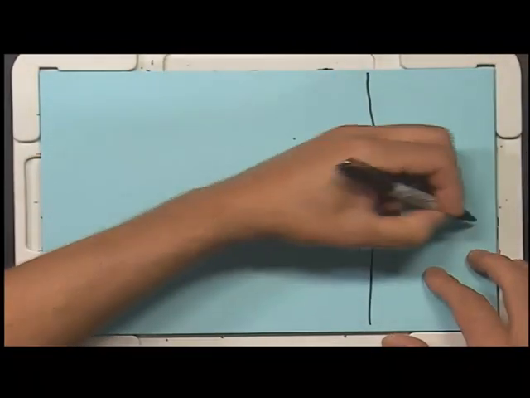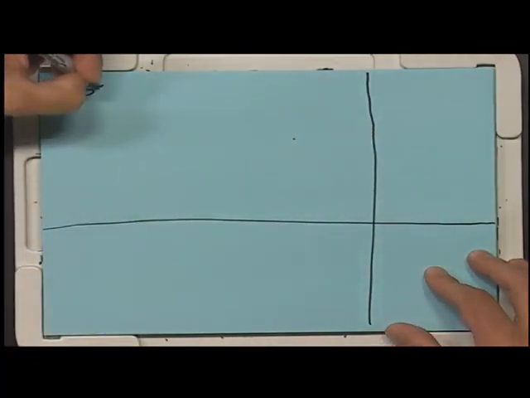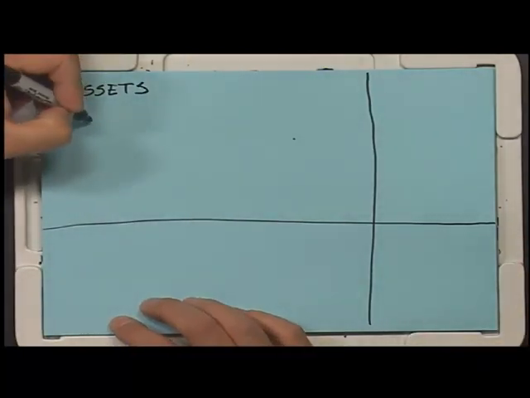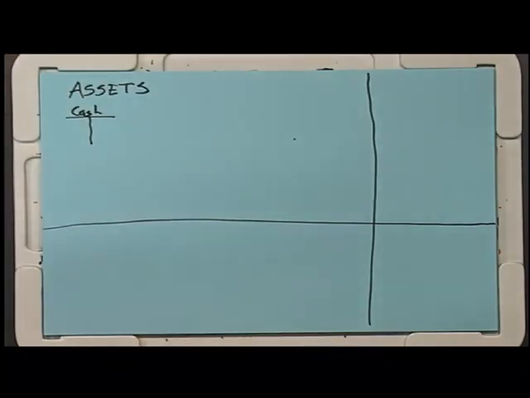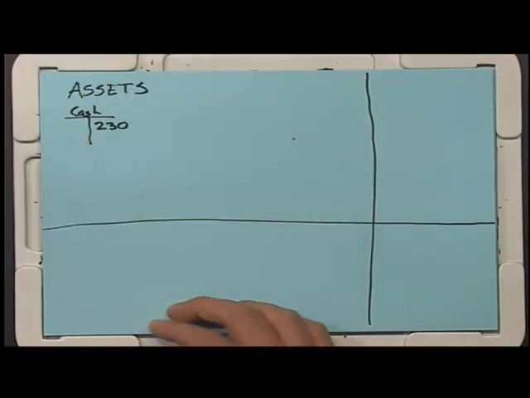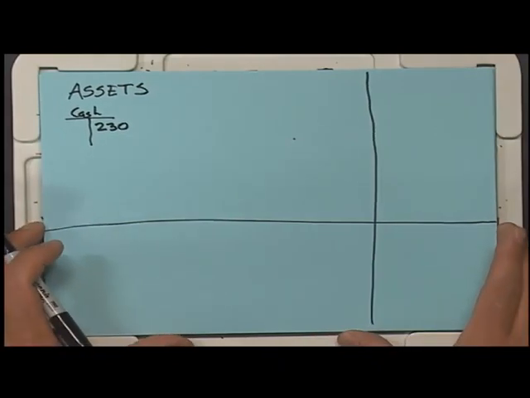As usual, I will use most of the space for the assets on the top left. And we'll just assume that the fabrication department spent a good deal of cash. It could have been on any number of resources to make their parts. And so we're going to make a credit to cash for $230, the amount that was actually spent to make the parts.